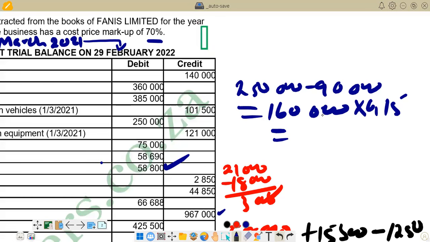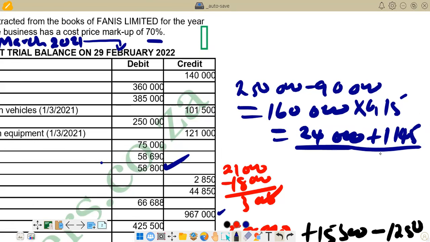You get 24,000. So this is the depreciation that we have for equipment. We have one for 24,000 and one for 1,145. So we add the one for 1,145 for that one that stayed only 1 month. And this is equipment.